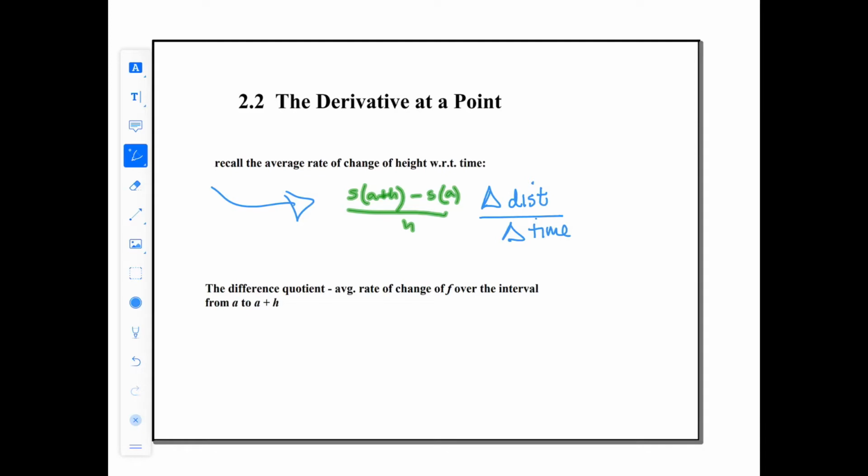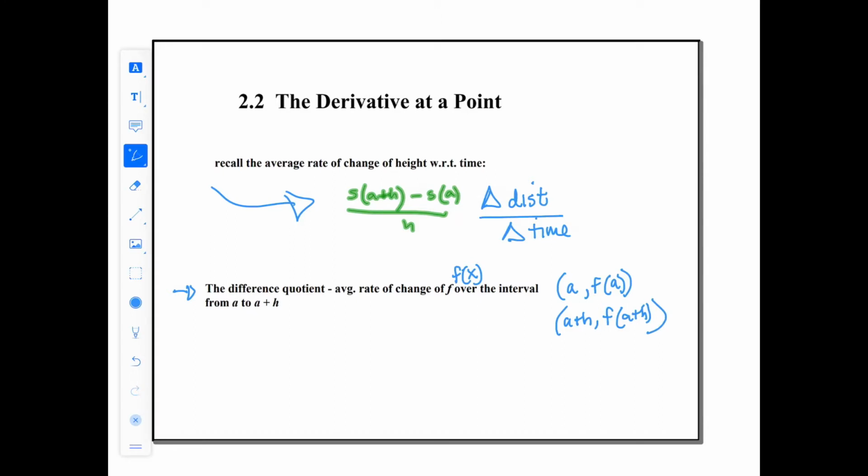So now we're saying, look, it doesn't have to be velocity. Let's talk about an average rate of change of some function over this interval. Still, we're looking at a and a plus h. So here, a, and if I have this function f of x, my ordered pairs would look like so. A, f of a, and a plus h, f of a plus h.